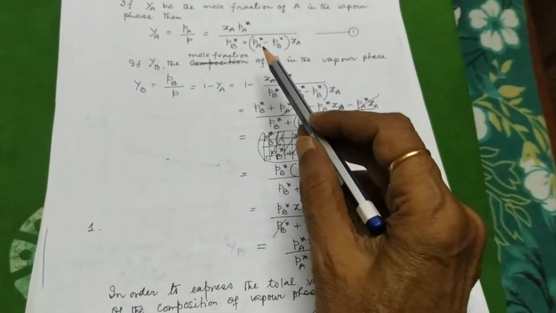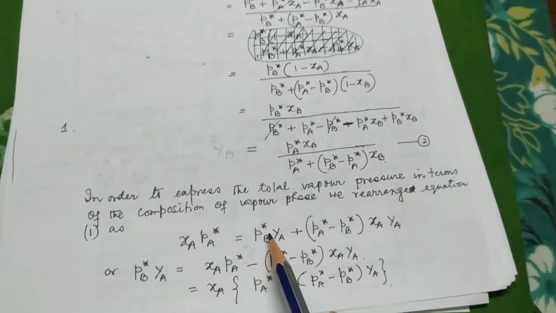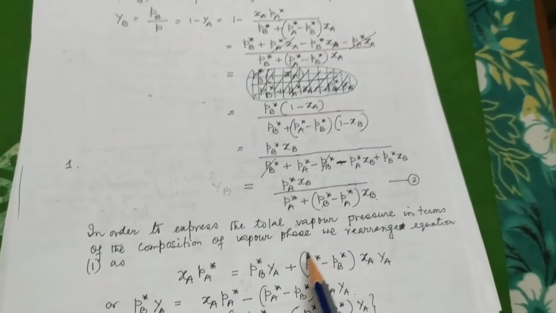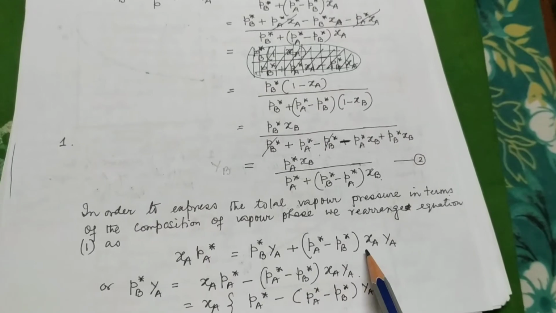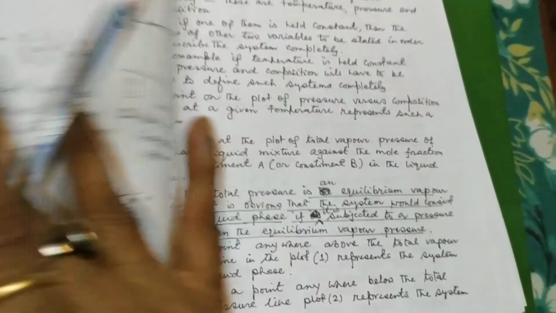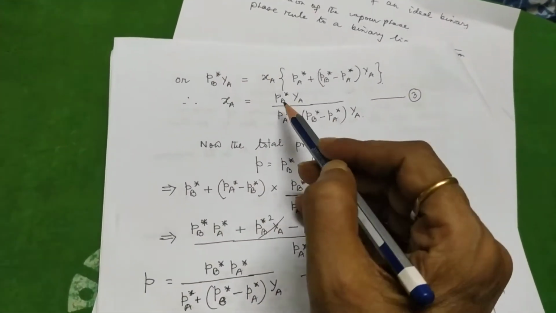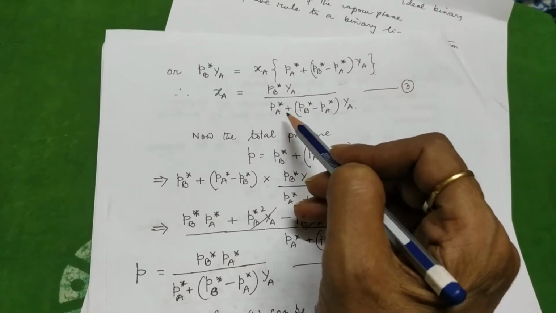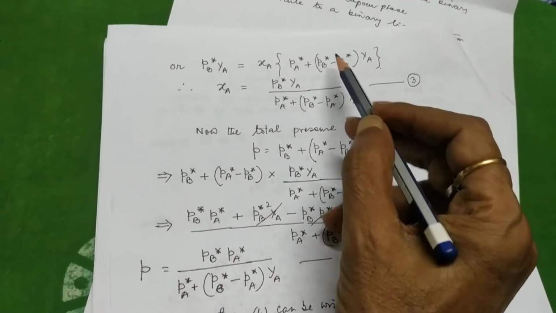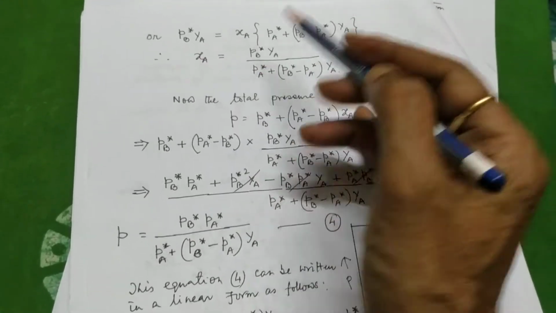Xa Pa equals Xa into Pa equals Pb* plus into Ya plus within bracket P* minus Pb* into Xa into Ya. So after simplification, we get Xa equals Pb* into Ya divided by P* plus Pb* minus P* into Ya.